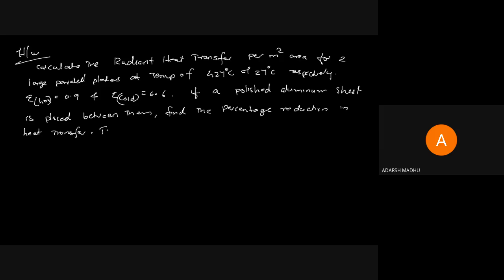Take the emissivity of the shield equal to 0.4. Okay, it is like the same problem we had done. So do the problem by yourselves. Okay, take it as homework. So that's all about our session.